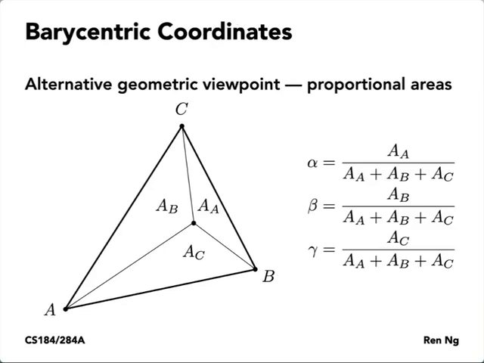So alpha, it turns out, if you have these triangles that I drew here for any point x, y inside the triangle, if you break it up into 3 triangles and consider their relative areas A sub A, A sub B, and A sub C, where A sub A is opposite the vertex A, similarly A sub B opposite B and area A sub C opposite C, then you have these ratios over here. So specifically alpha is equal to area A sub A over the full area of the triangle, A sub A plus A sub B plus A sub C. Similarly for beta and gamma.